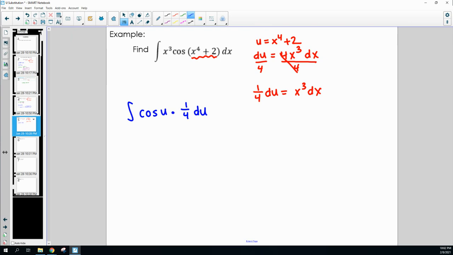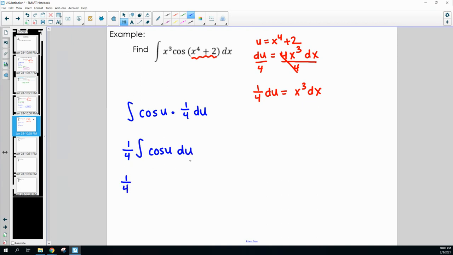Now, because I have this 1/4 that's a constant, our rules of integrals say that I can pull out the constant in front. So I have 1/4 times the integral of the cosine of u du. I'm just going to leave that 1/4 on the outside.